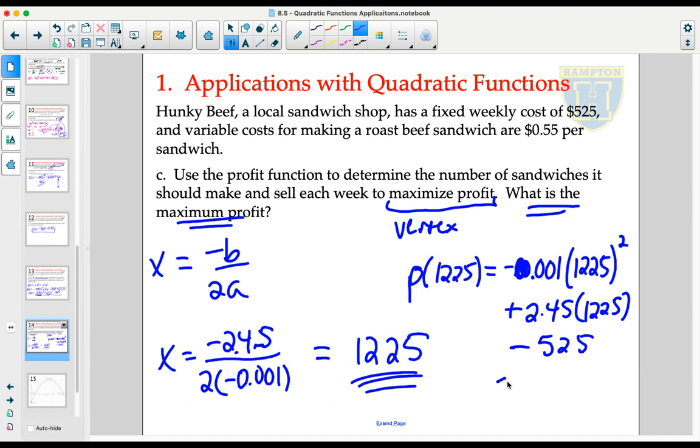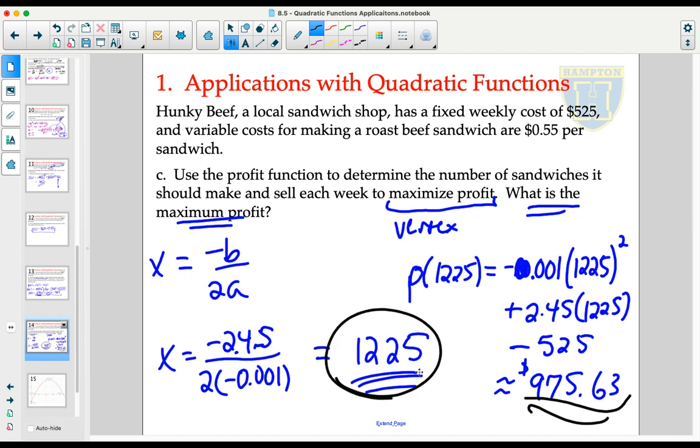And again, you can check my arithmetic on this, but it comes out to 975.63. So Hunky Beef, the local sandwich shop, can expect a profit of $975.63 if they sell 1,225 sandwiches.